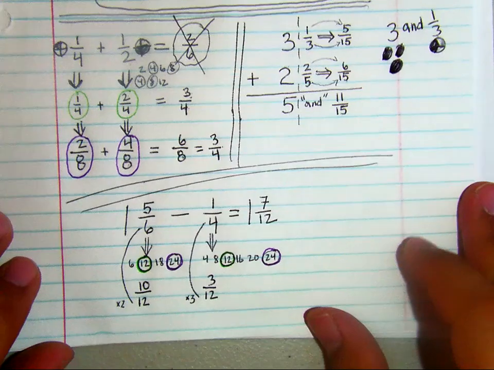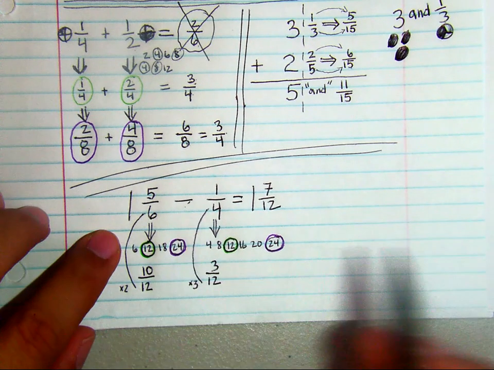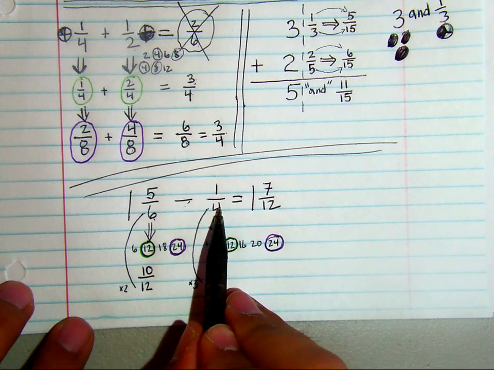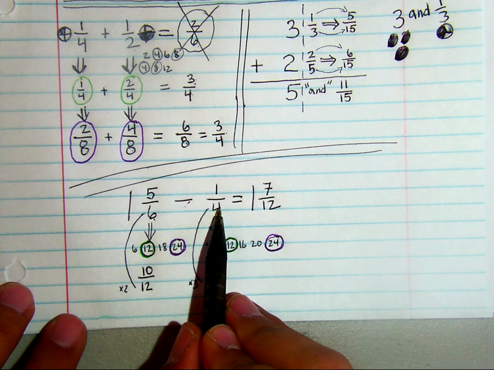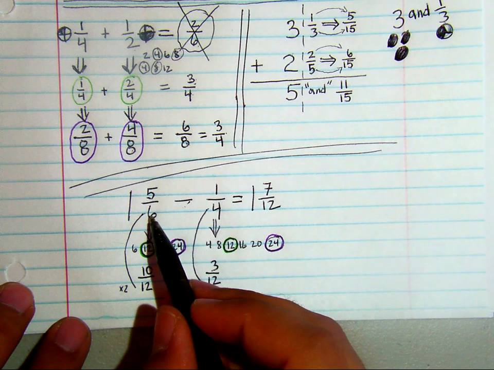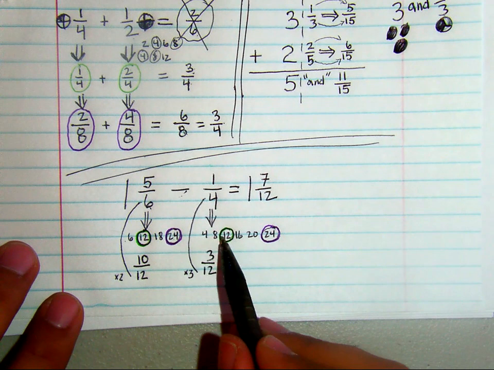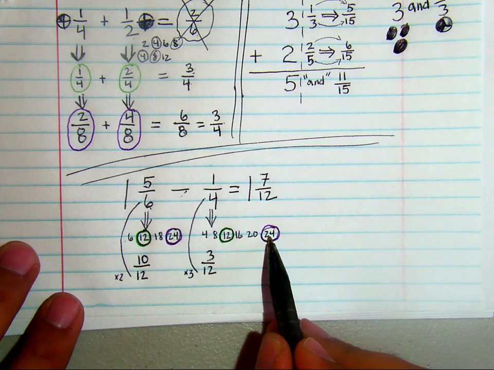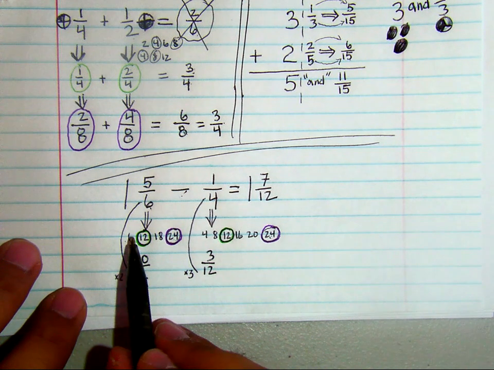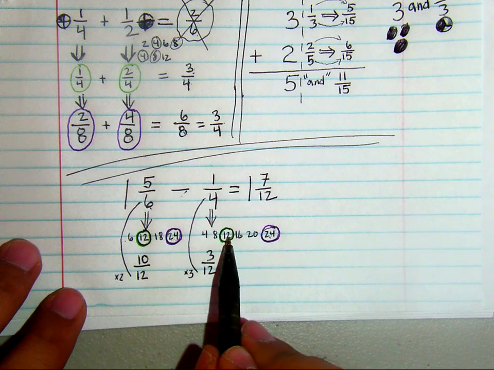Now down here, the last example, where we have subtraction. We know that 6 times 4 will give us a common multiple of 24, because the multiples of 6 are 6, 12, 18, 24, and the multiples of 4 are 4, 8, 12, 16, 20, 24. So 24 is a common multiple, but by writing this out and double checking, we see that 12 is the least common multiple.